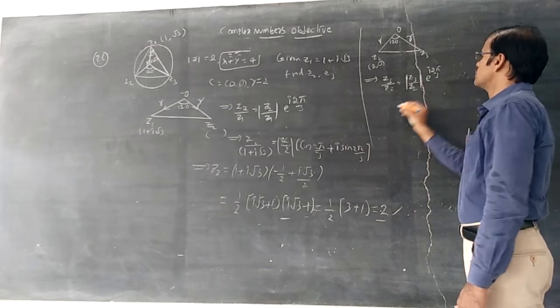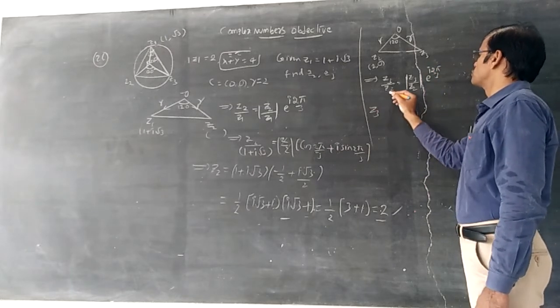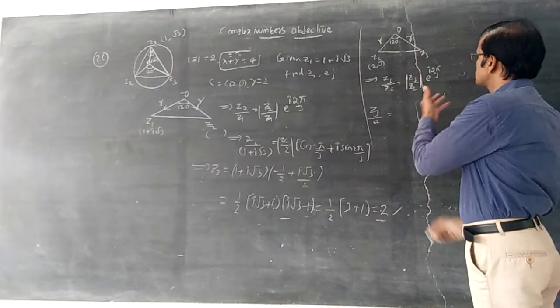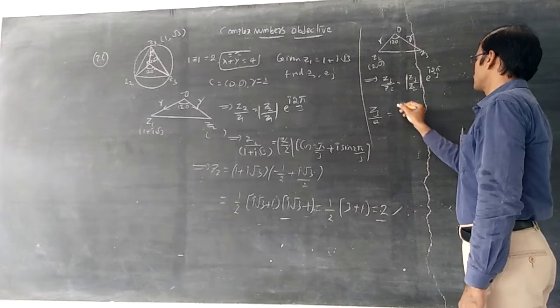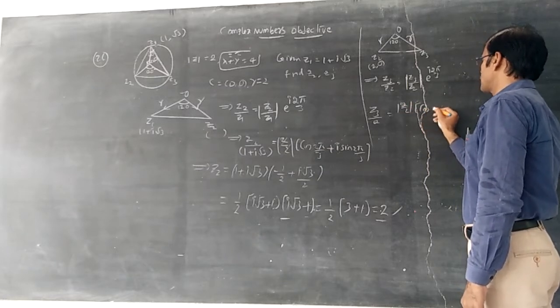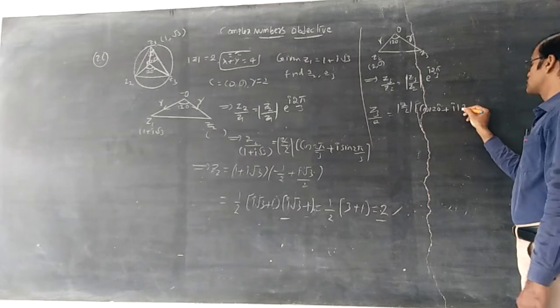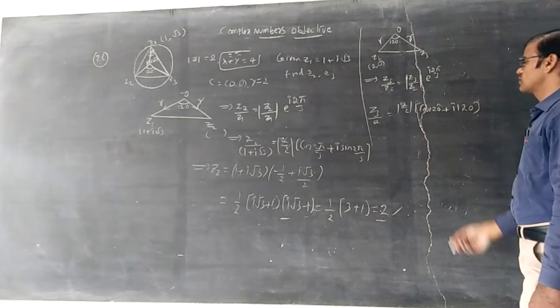So now Z3 by 2 is equal to 2 by 2, radius over modulus, into cos 120 plus i sin 120.